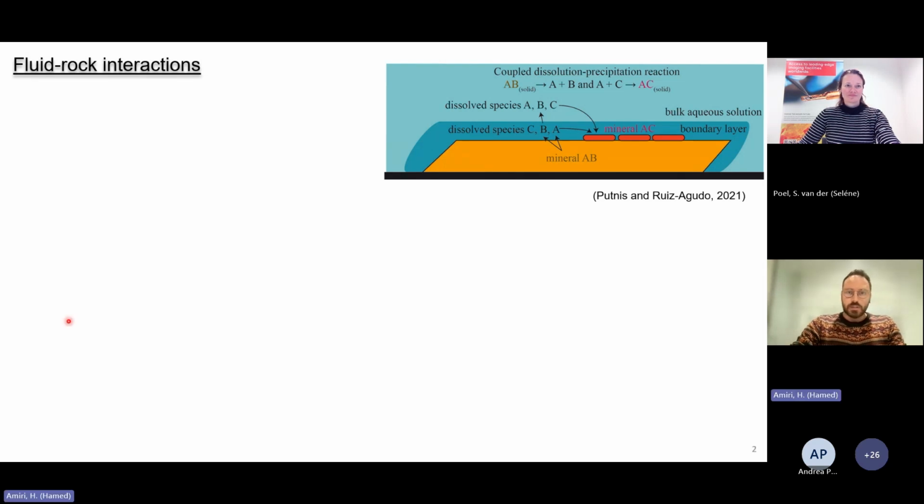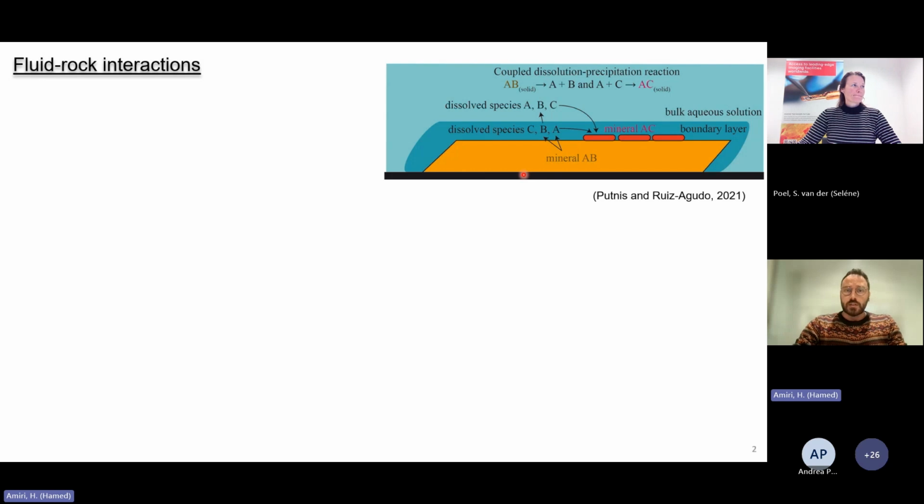They start to dissolve and release ions like A and B in the interfacial solution. And then that solution can contain ion C, and if it can reach supersaturation, it can nucleate and precipitate on the surface of the parent mineral.